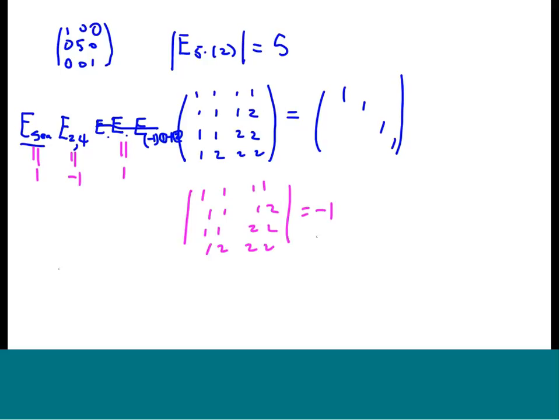Okay, let's do a little exercise with that. You calculate the determinant of 1 1 1 1, 1 1 1 3, 1 1 3 3, 1 3 3 3. Just do a calculation to see what you have.